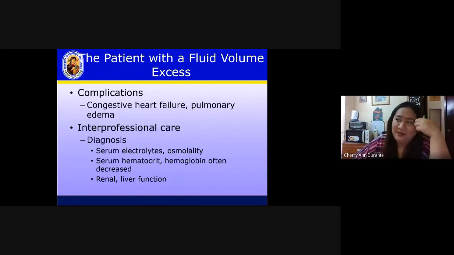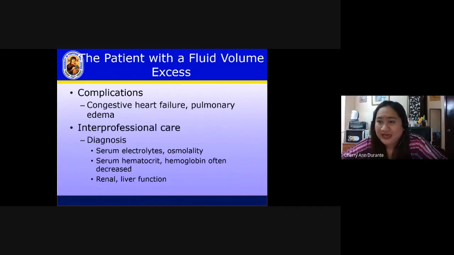Some people don't pay much attention to too much blood. When you have a large blood volume, all of your blood is pumped by your heart. So if you have more blood than your body needs, it's added pressure to your heart to pump it out. And your heart has no rest, right? 24/7, it's being used. Then you add more volume. How is that? So what happens is the heart will fail. It's weird, no? Heart failure can lead to excess of fluid, but excess of fluid can also lead to heart failure. Wow!